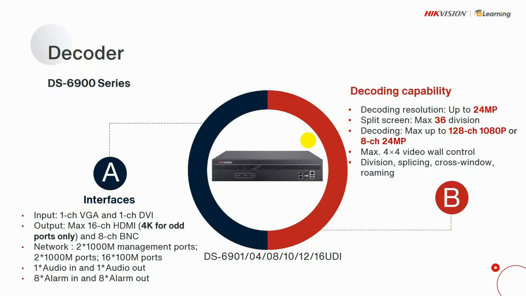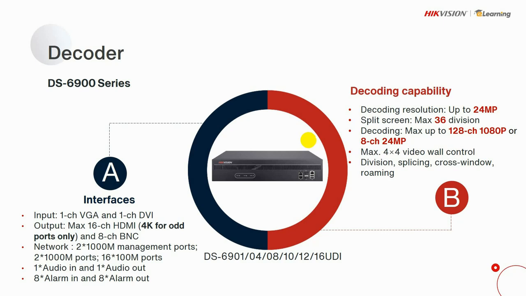Now we know about lots of kinds of LED screens. Let's focus on other units in our LED system. First is the decoder. If you still remember the system topology in the first part, the decoder plays its role in transferring the video signal of the camera to the LED controller in order to display its view on the LED screen.